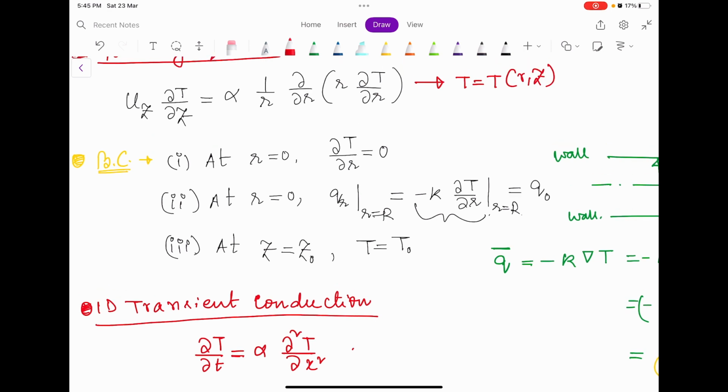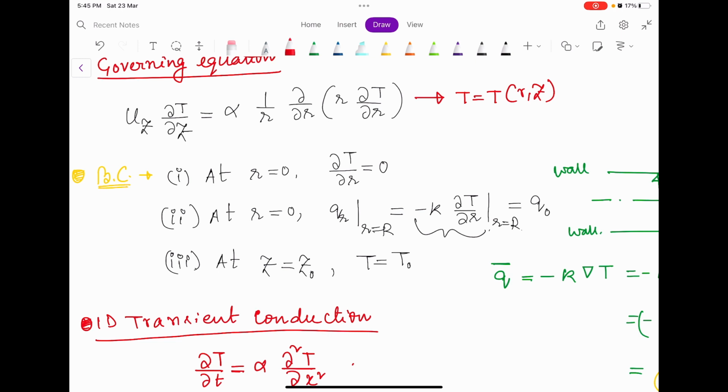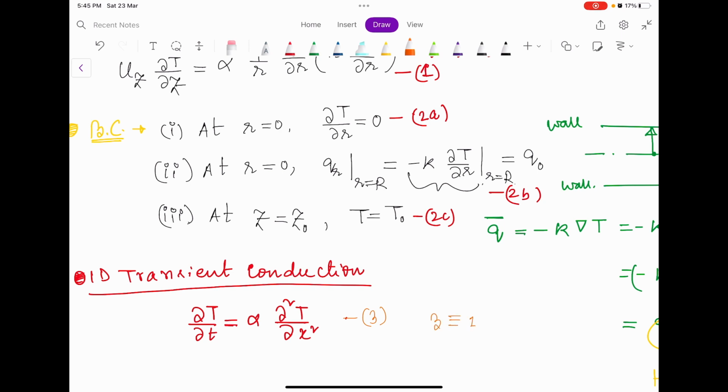You see that this is very similar to this equation. If I term this as 1, this as 2a, this equation as 2b and this as 2c, and maybe this as 3, then 3 is analogous to equation 1, you see that.